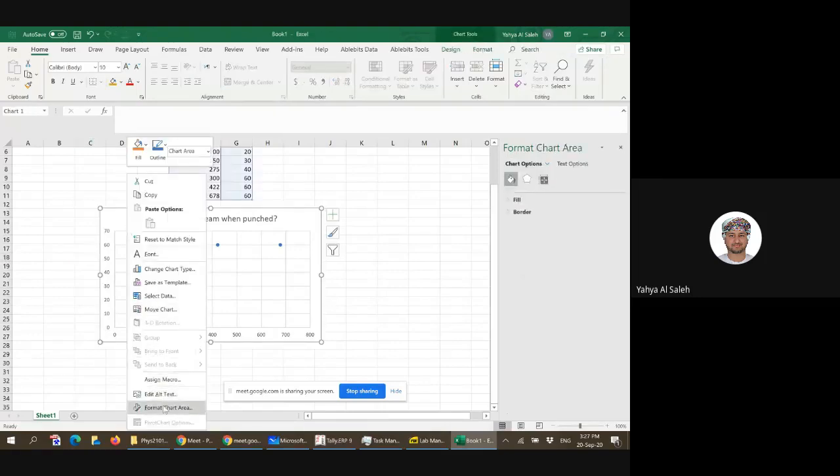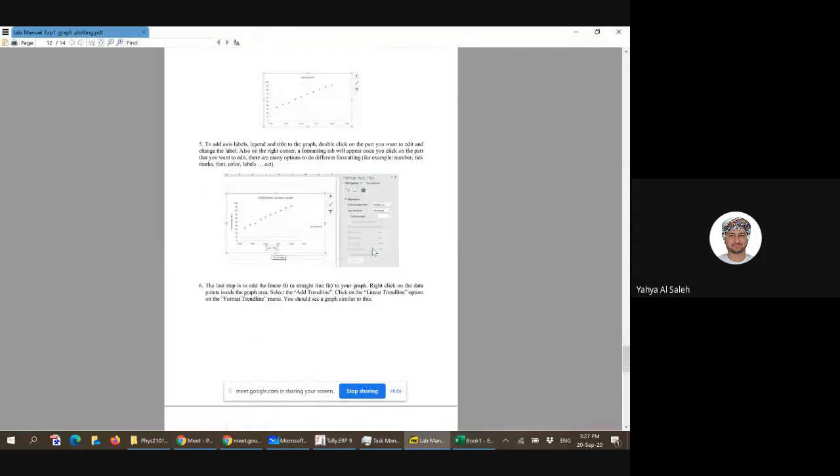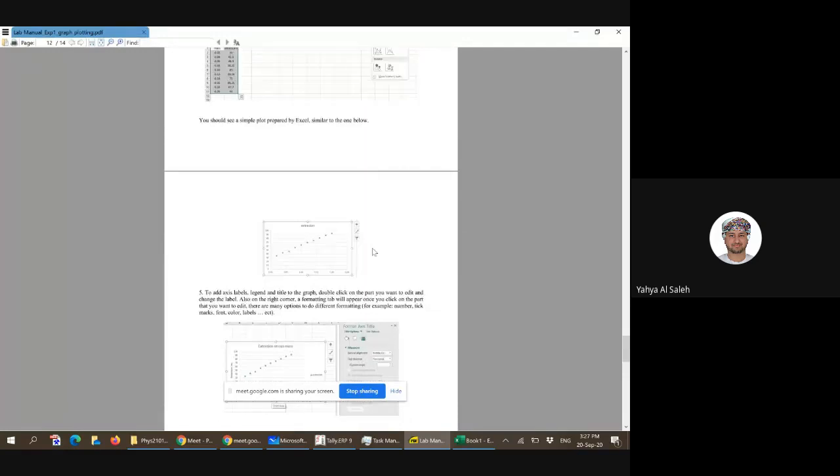I need to find somehow to add my labels. To add axis labels, legend, and title to the graph, double click on the part you want to edit and change the label. Okay, let me try that.